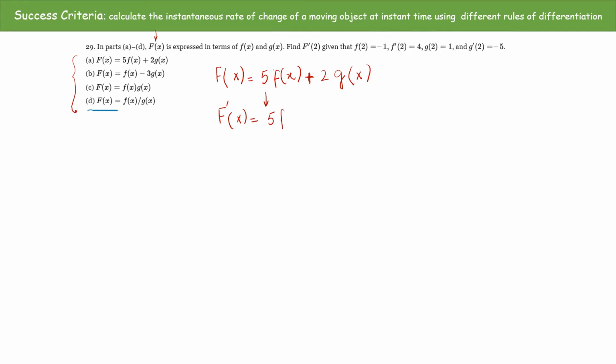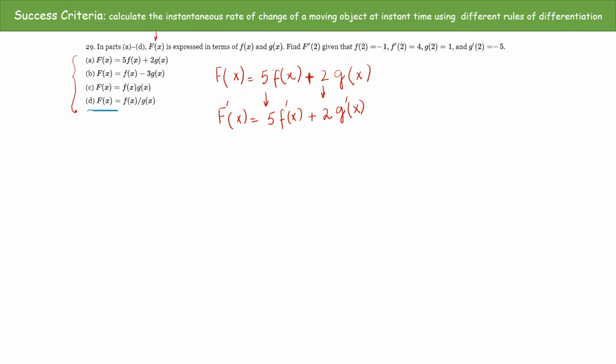And we know that the derivative of f of x is f prime of x. Then plus, again apply the constant multiple rule. Write the 2 as it is, and the g of x will be changed into g prime of x. So here is the derivative, capital F prime of x.